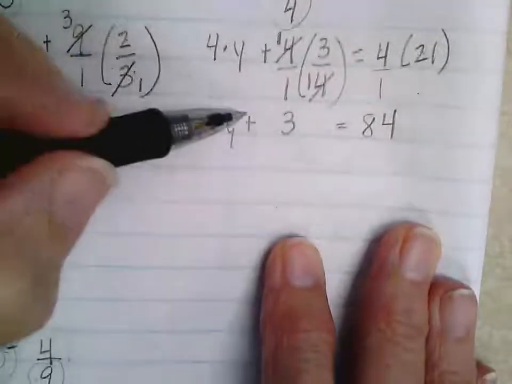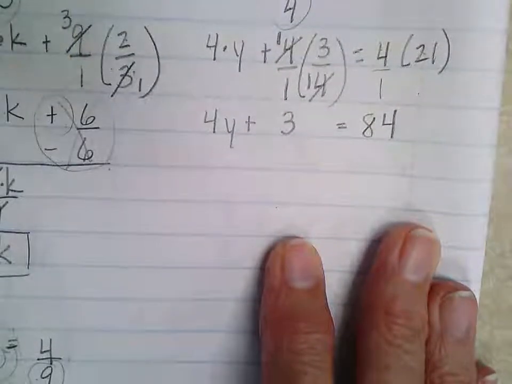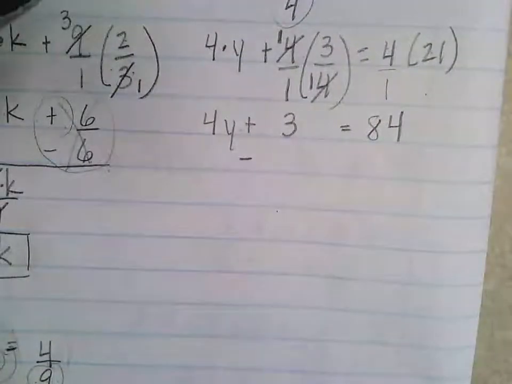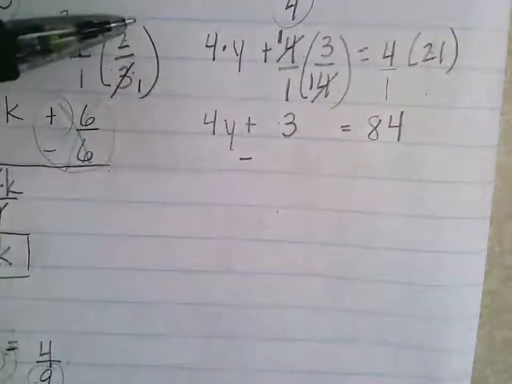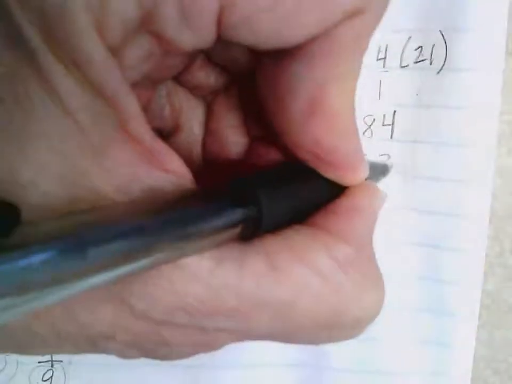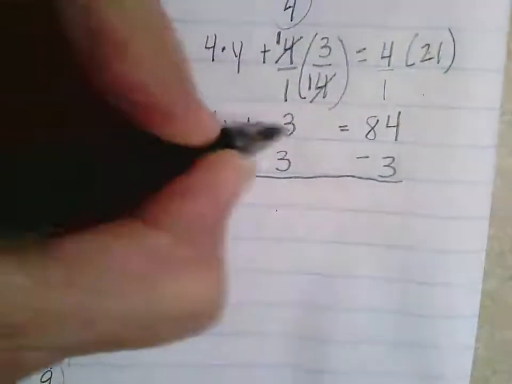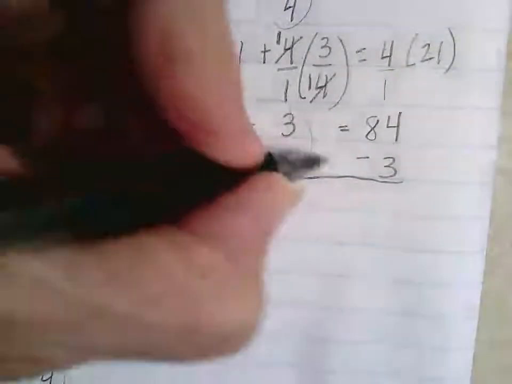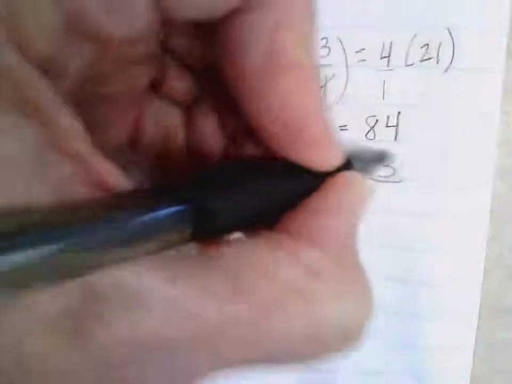So now I have addition in my problem. I'm going to undo addition by subtracting, and the quantity I'm going to subtract is 3. And if I do it on one side, I have to do it on the other side. These sum to 0, so I have 4y is equal to 81.